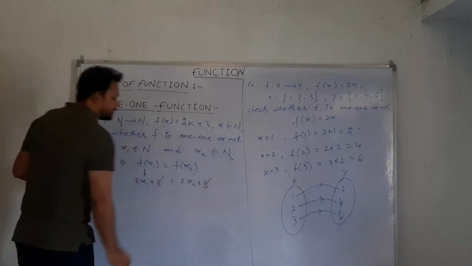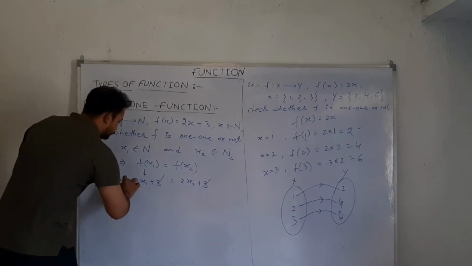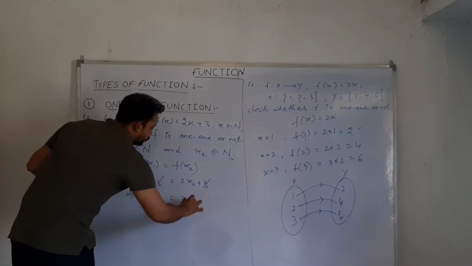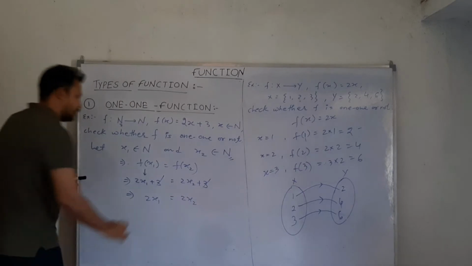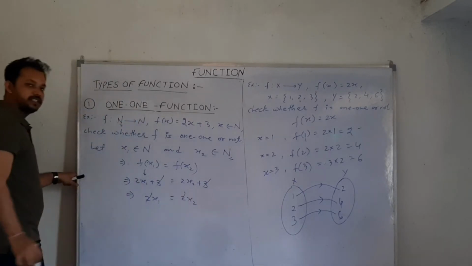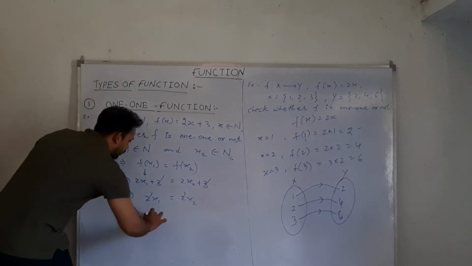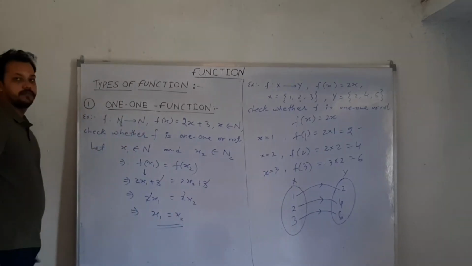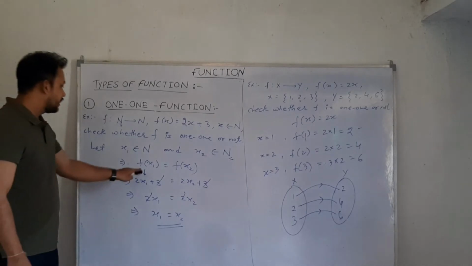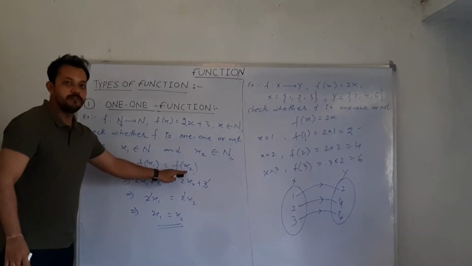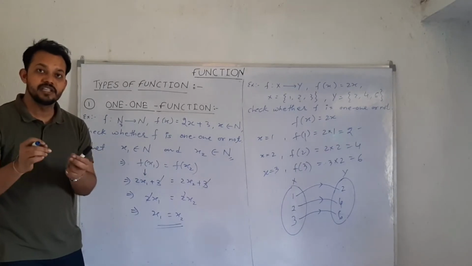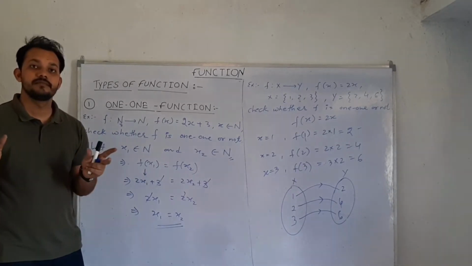3 and 3 got cancelled, so we got 2x1 = 2x2. 2 and 2 got cancelled, so we got x1 = x2. Now we took f(x1) = f(x2). That means we have taken the images of the function to be the same.